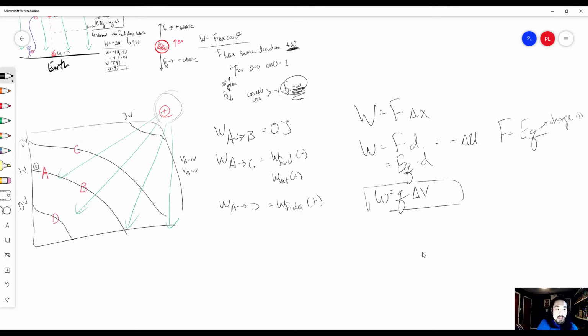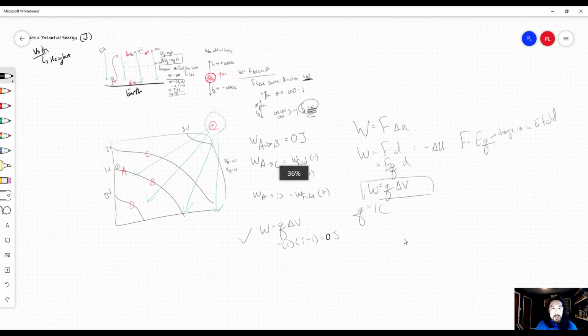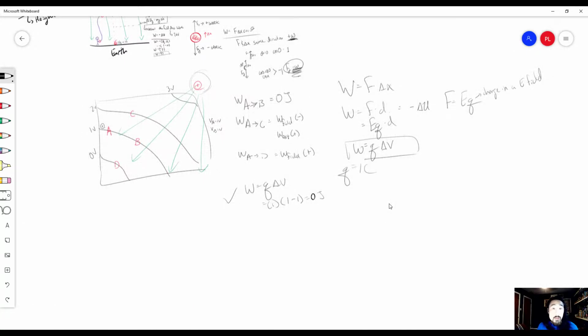Let's say the charge is 1 coulomb, and let's go from A to B. Starting with the original equation: 1 coulomb, final minus initial. Our final was 1 volt minus 1 volt. 1 minus 1 gives us 0, so the work done was 0 joules. Boom, checks out.